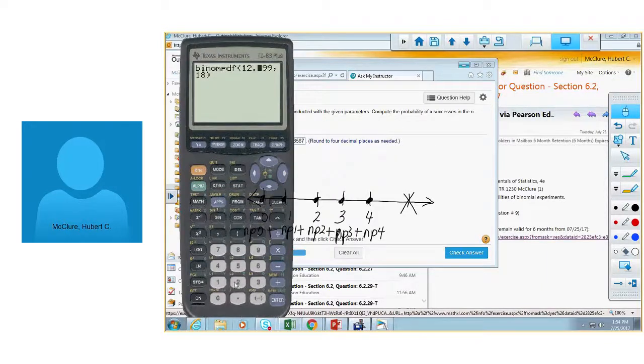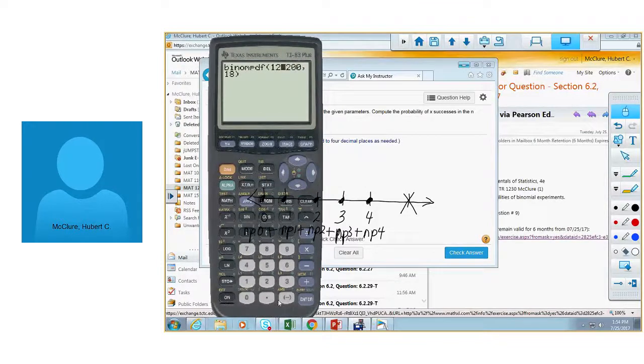Comma 0.20, and then 0, I'm going to put 0 0 and enter. And I'm going to store alpha A. Enter. And then second function, second entry, and then change that to 1.